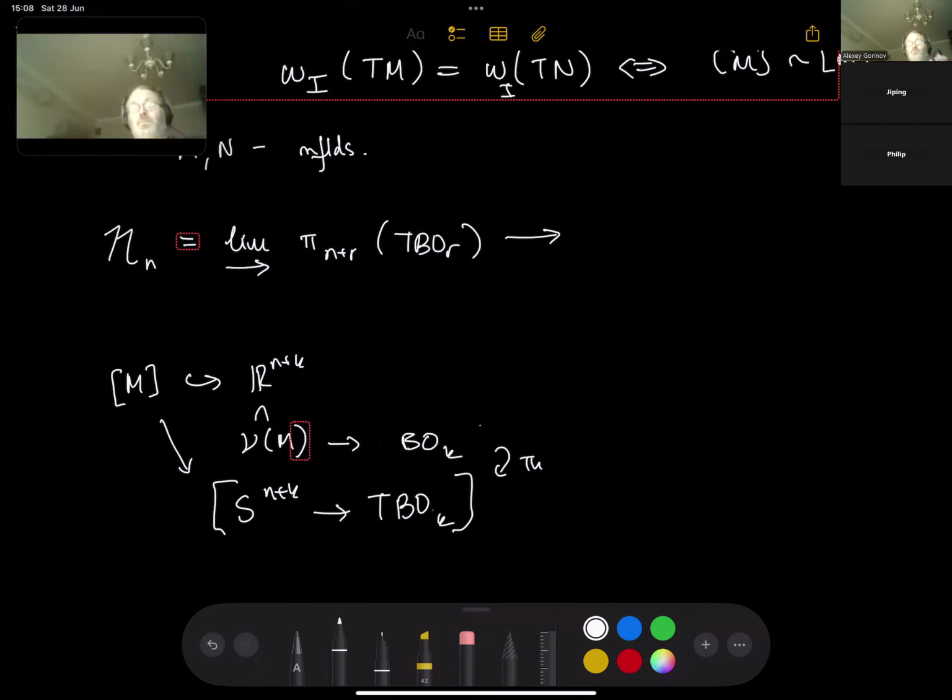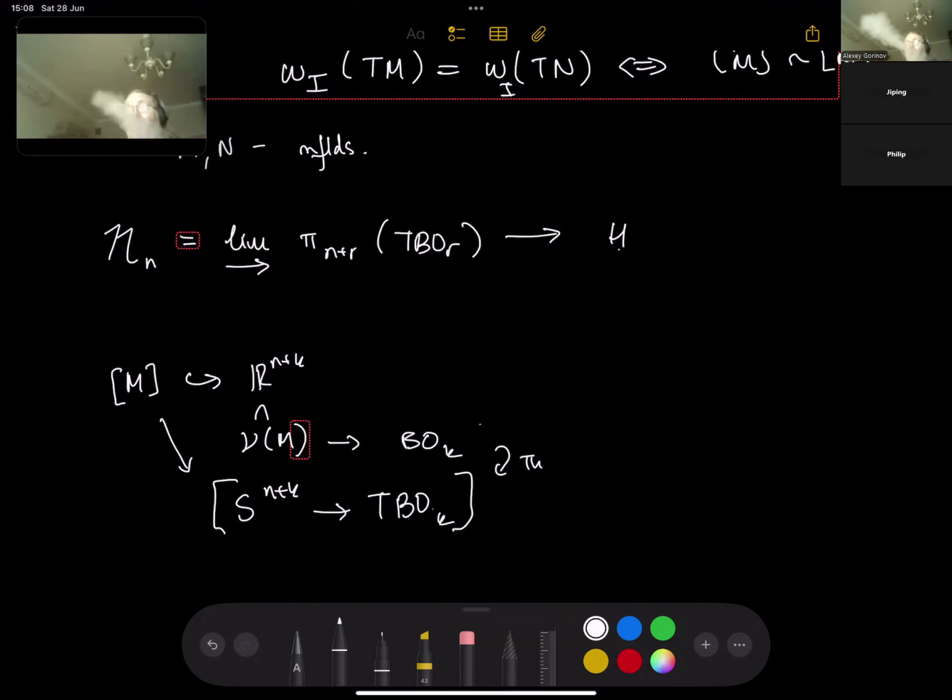Then I will use the fact that we've already shown that these are isomorphic.